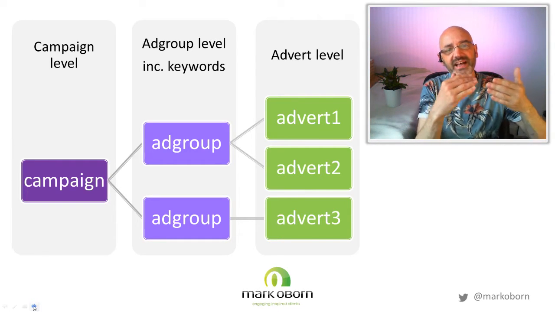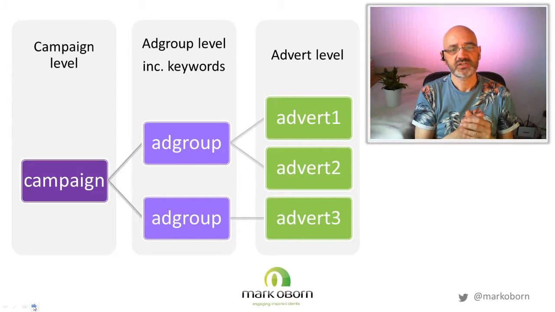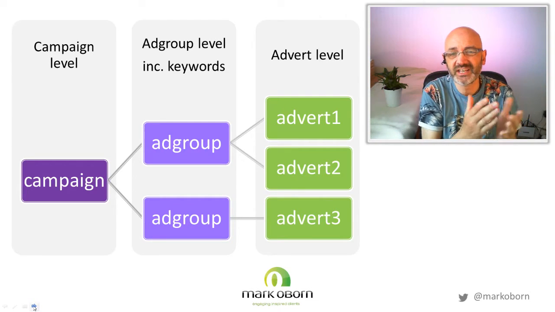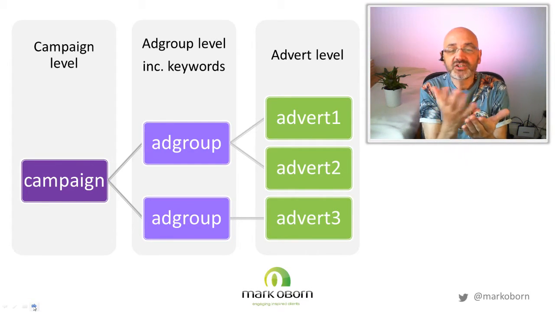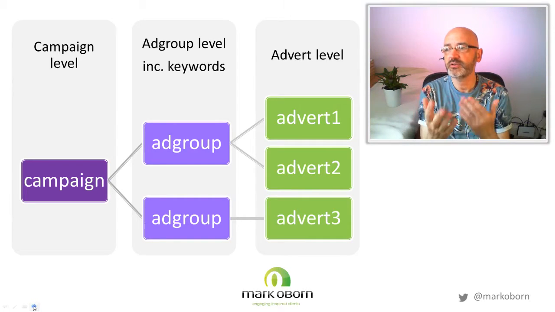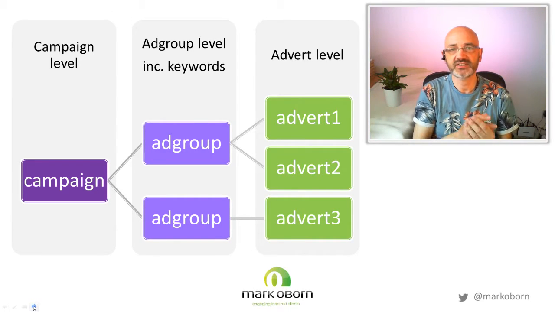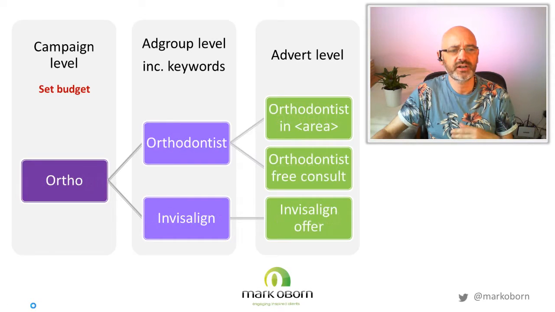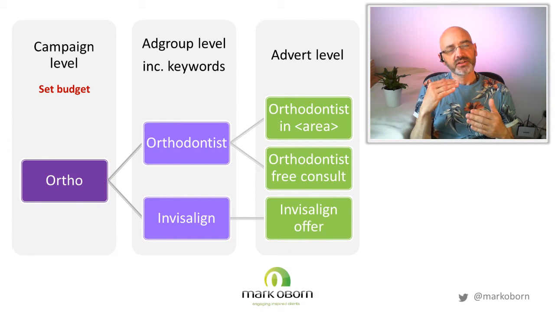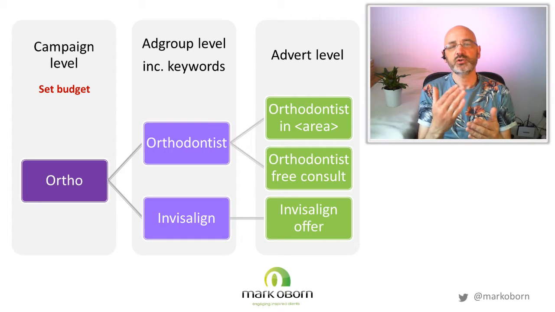Within that campaign, we have ad groups. So we might want to group certain adverts together. You can see we might have 2 ad groups within a campaign. And then within each of those ad groups, we may have a few different adverts that we split test. To make that a bit more relevant, the campaign level is the level at which you set your budget.